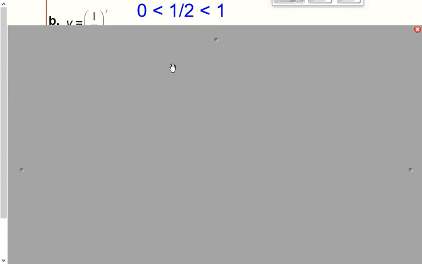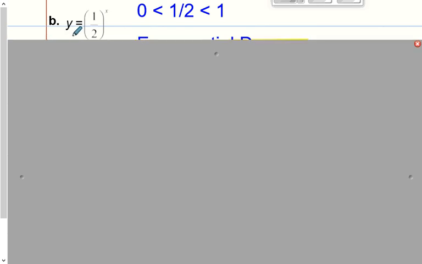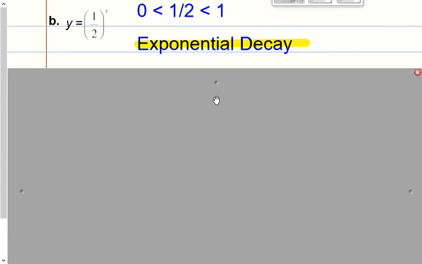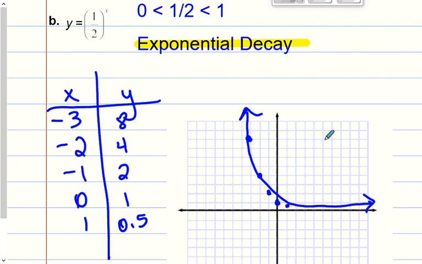All right, second one right here, y equals 1/2 to the x. 1/2 is between 0 and 1. So since it is between 0 and 1, that is going to give us an exponential decay. And again, you're going to put it in your calculator.